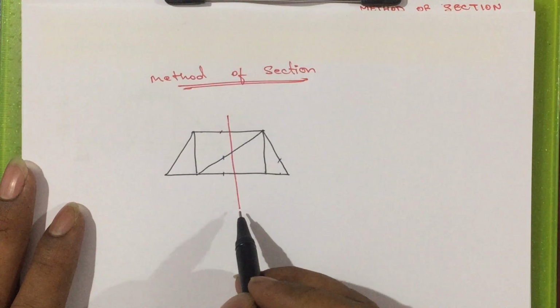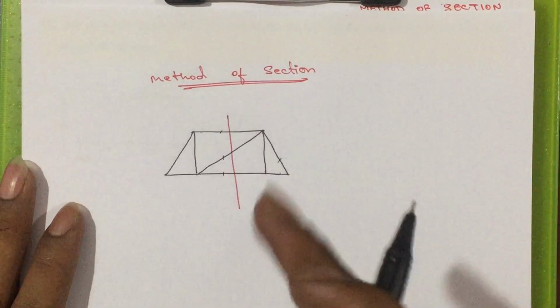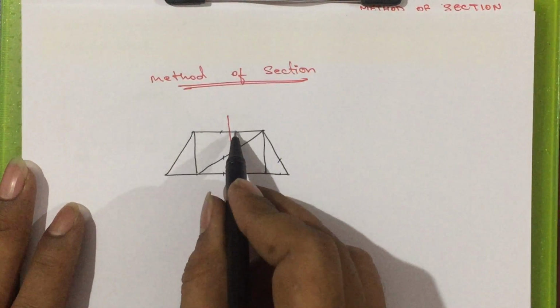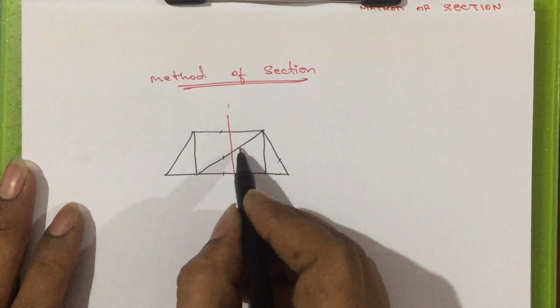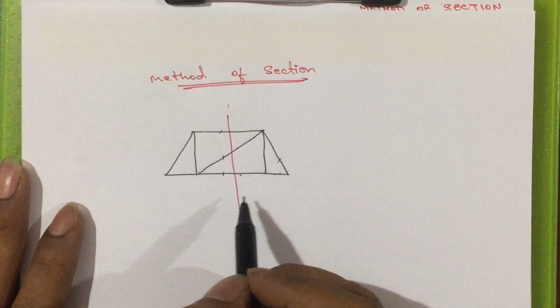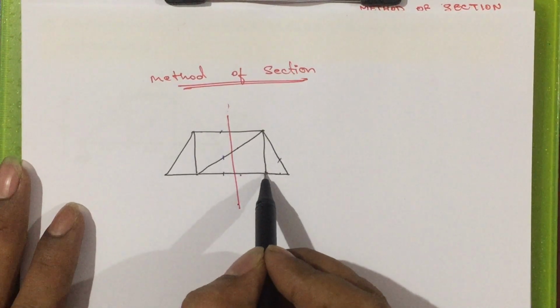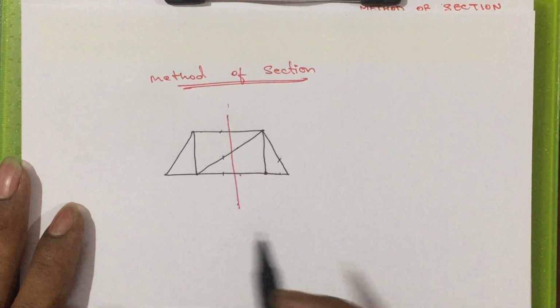The line should be drawn in such a way that it enters as well as exits, then only it is complete, and it can cut a maximum of three members. This line should cut only the members, not the joint. It should not pass through the joint, it should pass through the members.